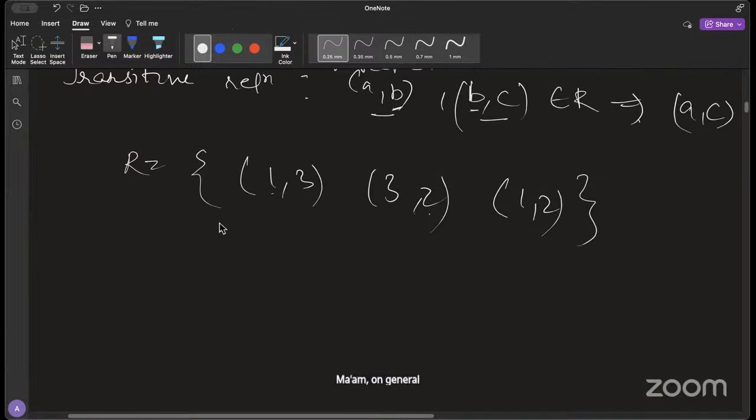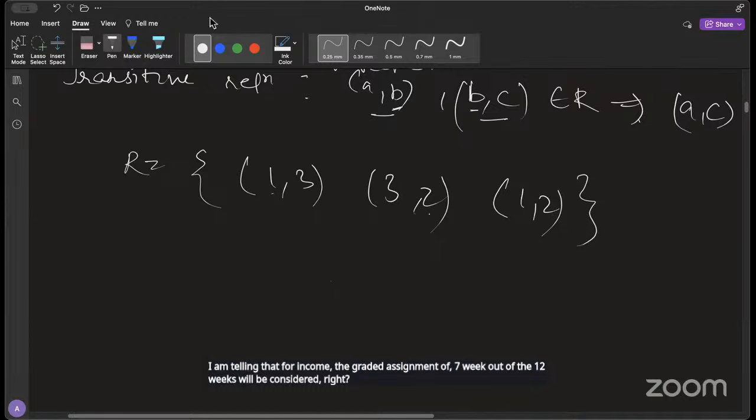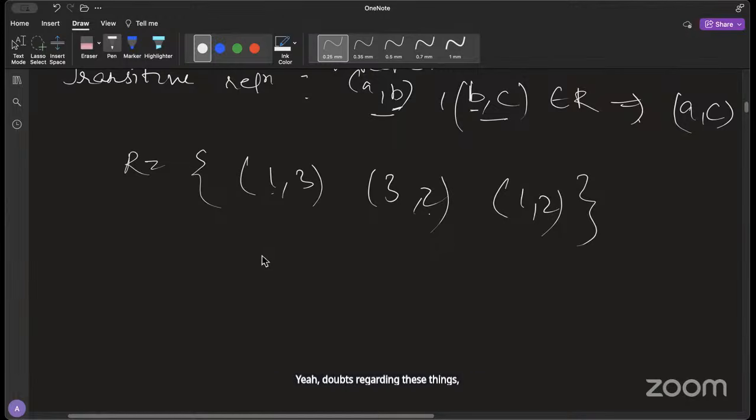I am asking about the graded assignment: for the term, 7 weeks out of the 12 weeks will be considered, right? Any doubts regarding these things, GA and all? It's regarding GA, not the question, but the eligibility. We'll discuss that later.